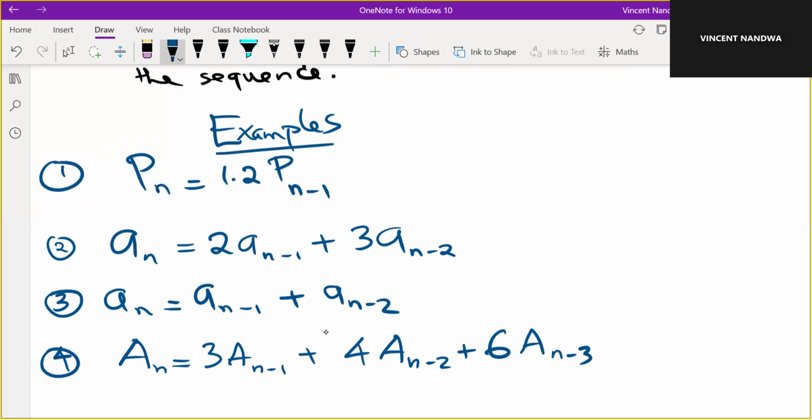So what is the degree of the recurrence relation in (1)? Or if not (1), what is the degree of the recurrence relation in (2)?